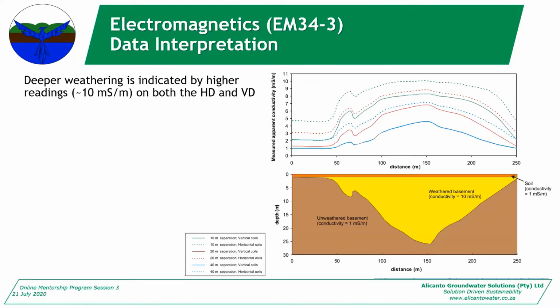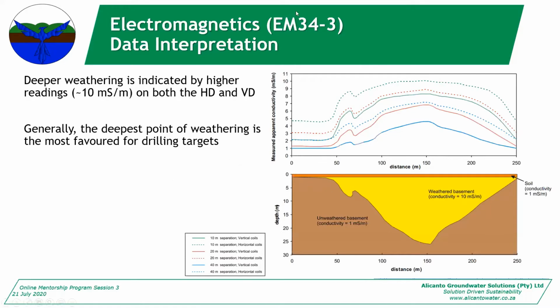Hi, Matthew. I also have a question, please. How do you convert the data to depth? You don't really. You can get an idea of your depth, where your depth is half of the coil spacing.